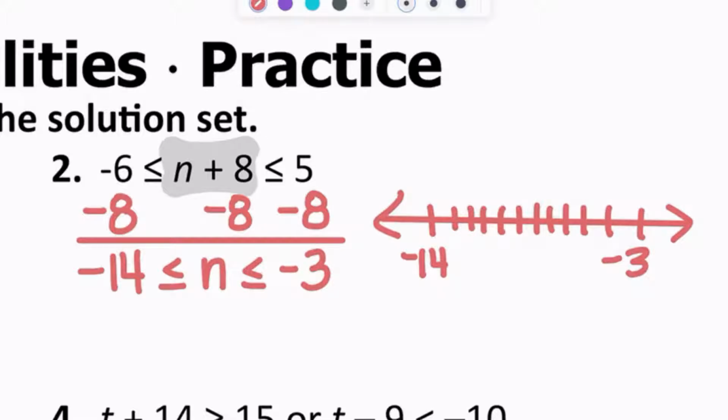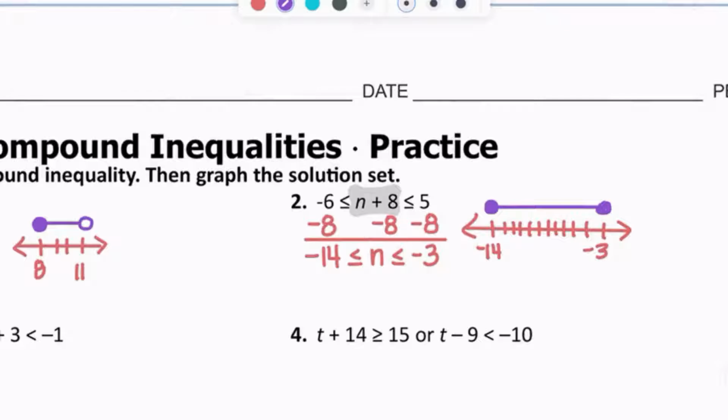And you wouldn't necessarily have to put all those. I don't know why I did, but here we are. You could just put your 2 points. So there's equal to on both of these. So these are both solid dots. And so that is my solution. It's between -14 and -3. Okay?